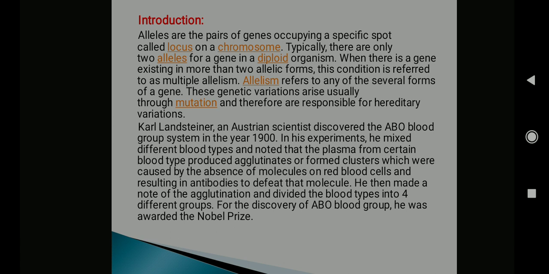Karl Landsteiner, an Austrian scientist, discovered the ABO blood group system in the year 1900. In his experiment, he mixed different blood types and noted that the plasma from certain blood types produced agglutination, or formed clusters, which were caused by the absence of a molecule on red blood cells and the resulting antigen reacting against that molecule.